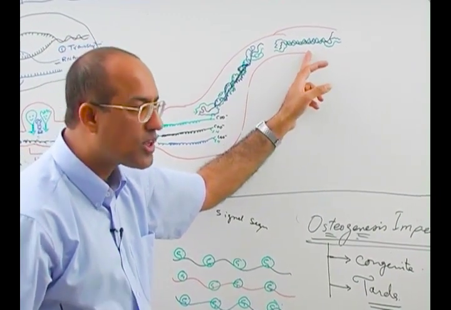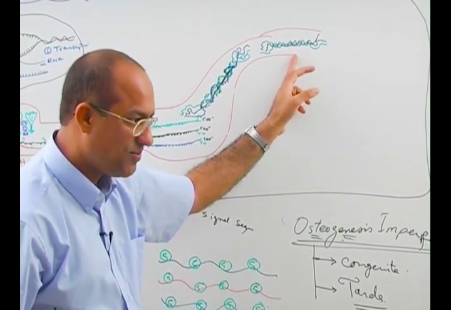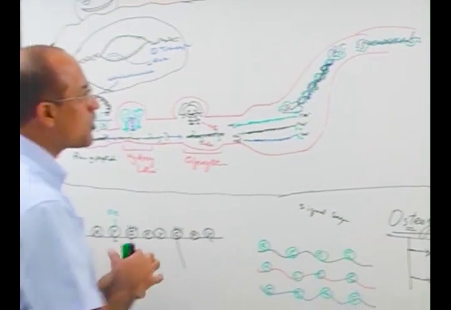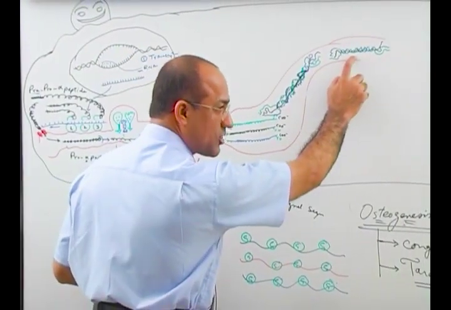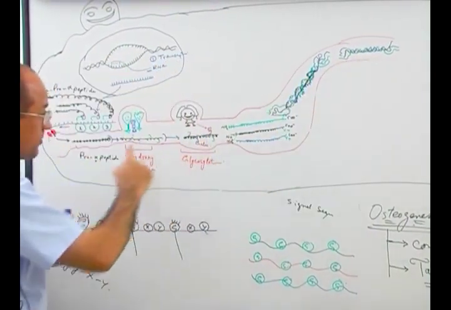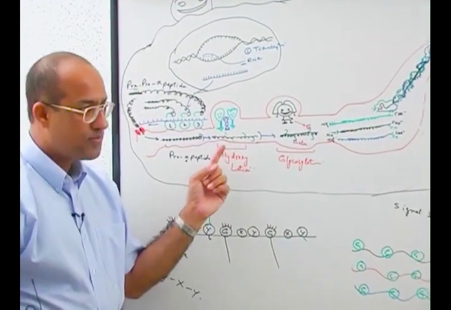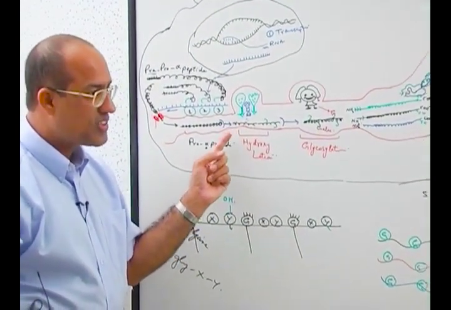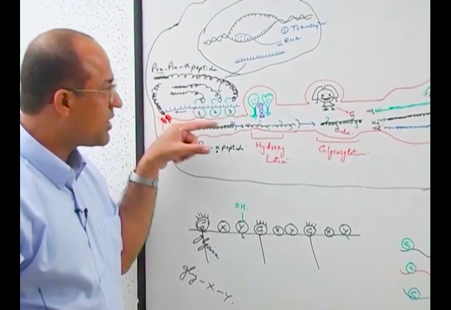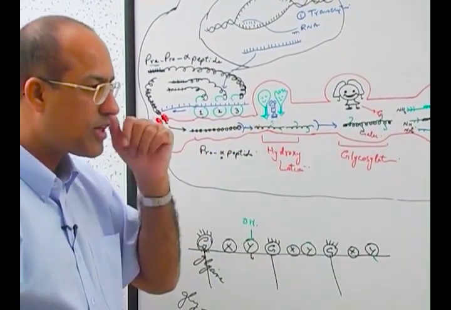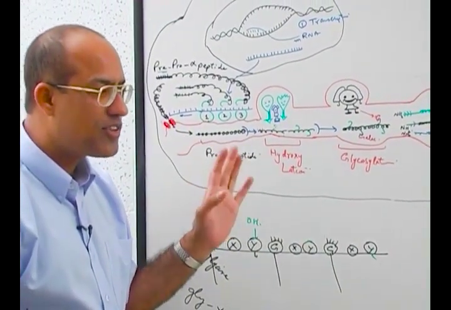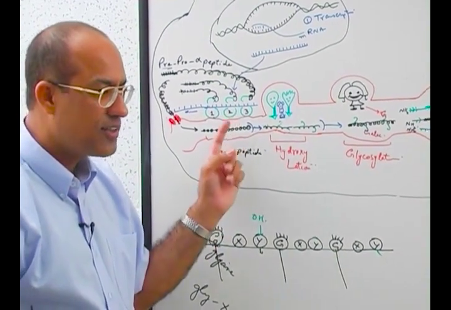Don't confuse pro-collagen with pro-alpha peptide. Pro-collagen is triple helix. It's the threesome. But pro-alpha peptide was just alpha peptide which has successfully entered into endoplasmic reticulum and cleaved away its signal sequence.